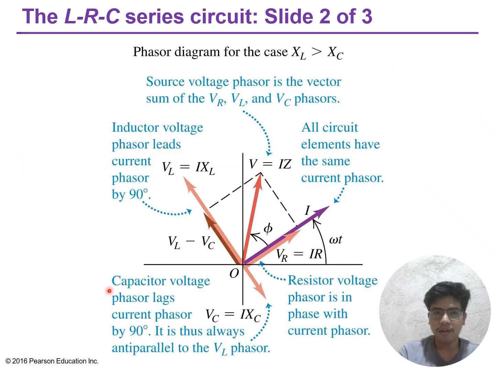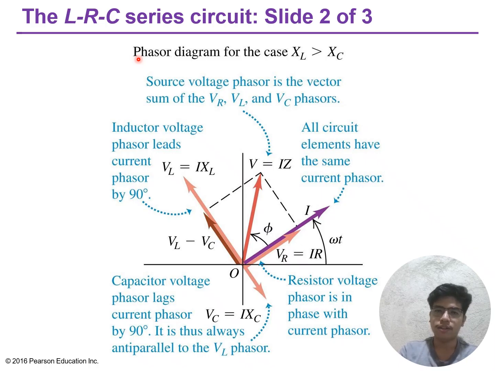Moving on to the impedance triangle diagram showing the relationship among R, X sub L minus X sub C, and Z. Graphical representations shown here, likely including the impedance triangle or the phasor diagram, show how resistance, reactance, and impedance relate geometrically in an LRC circuit.